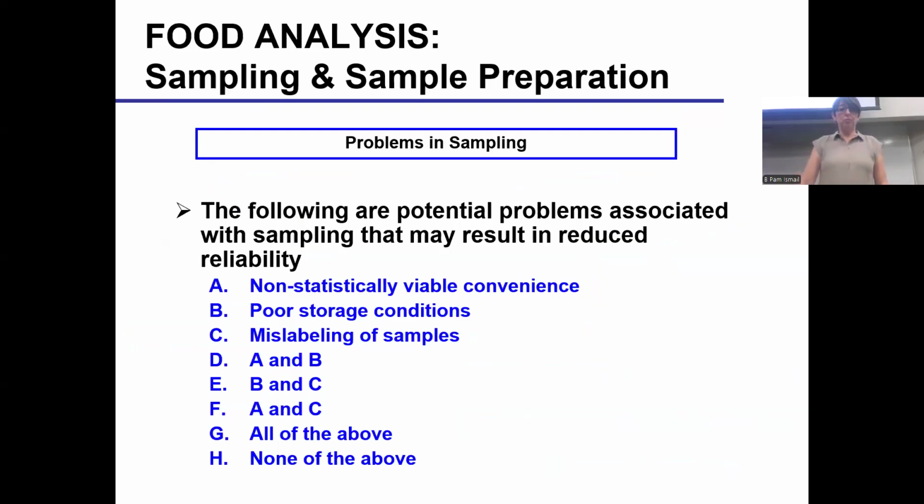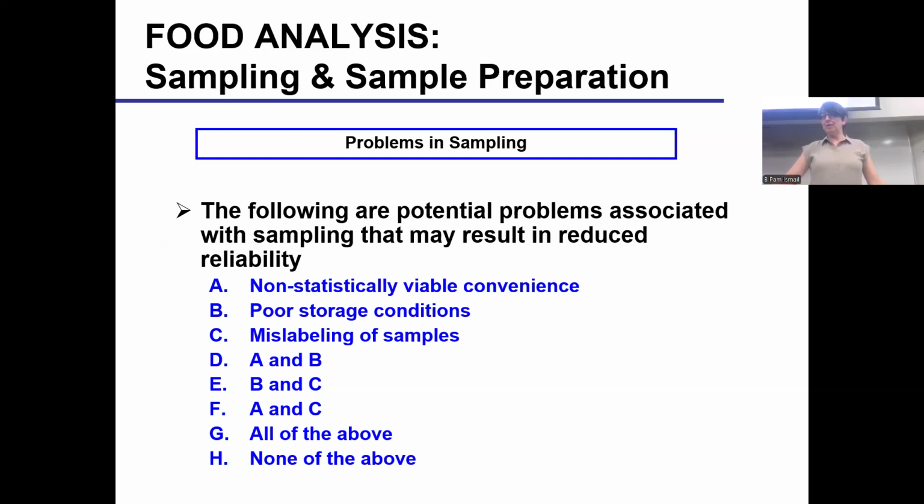So what about this one? The following are potential problems associated with sampling that may result in reduced reliability. When you have no choice but getting samples that are conveniently reachable, that is a problem because you might have issues with the samples you were not able to reach in a container.